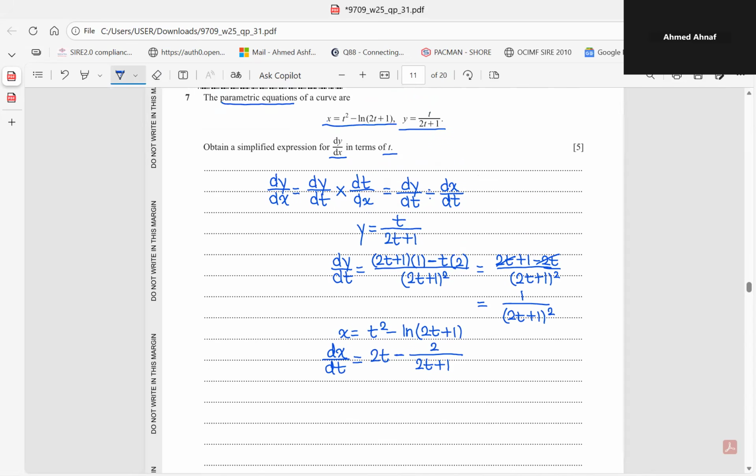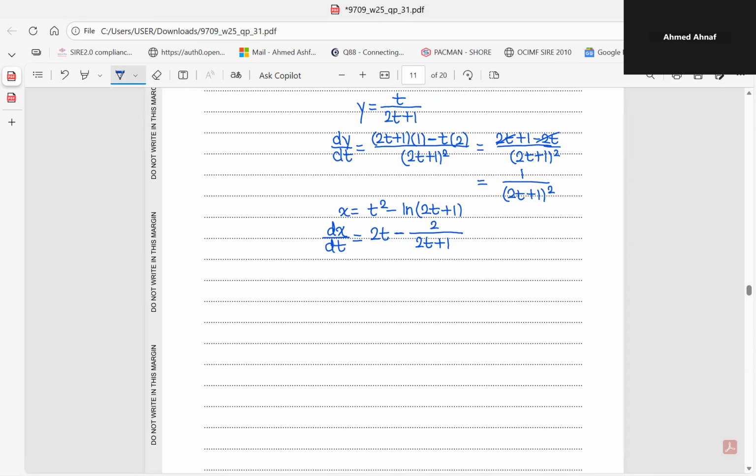And since we're going to divide by dx/dt, it's best that we express this as a single fraction first. So let's make both of the denominators the same. So 2t times (2t plus 1) minus 2 over 2t plus 1.